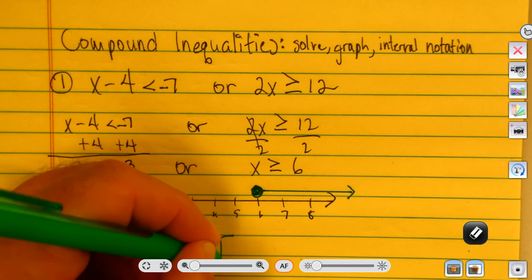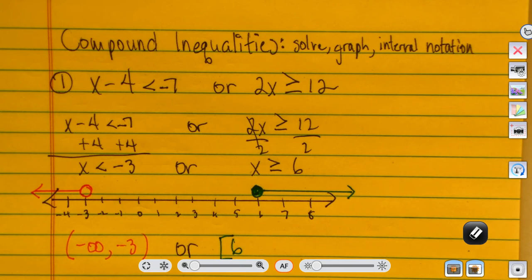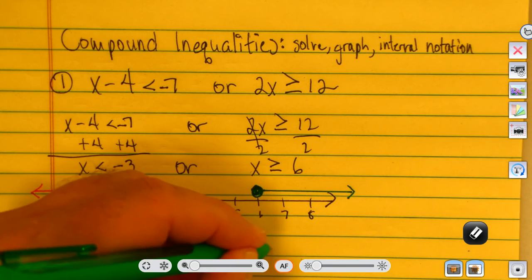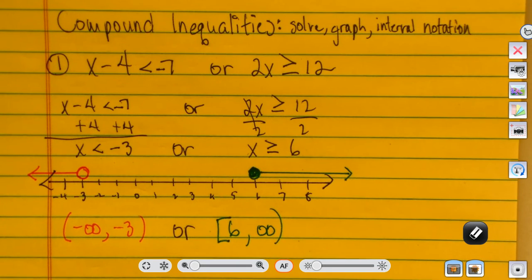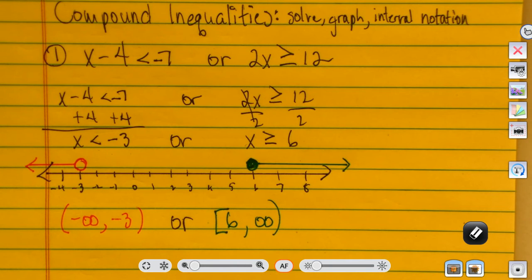And I'll use a bracket for 6 because it can be equal to 6, and positive infinity. So that's the solution in interval notation. Putting it in interval notation is not really that hard. Kind of looks like the graph, doesn't it? That's the way I kind of think about it.